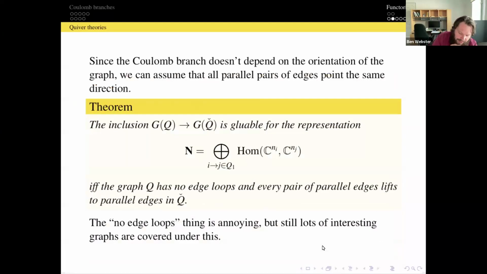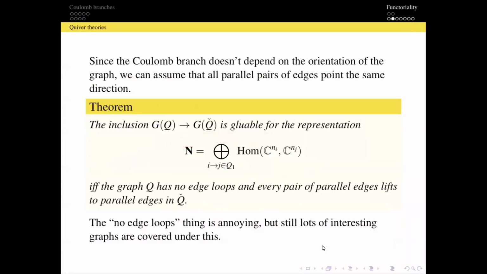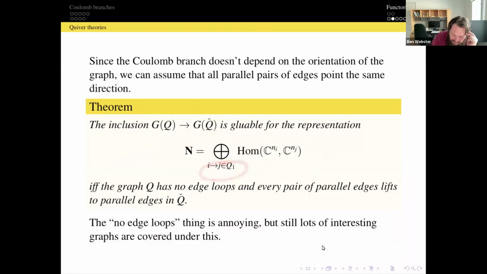So when I take the usual representation of a quiver, I take the edges in my quiver, and look at the map from the vector space on the tail to the vector space on the head. Because the edges stay the same, this vector space won't change when I do a dismemberment. The only thing that changes is what's the group that's active.